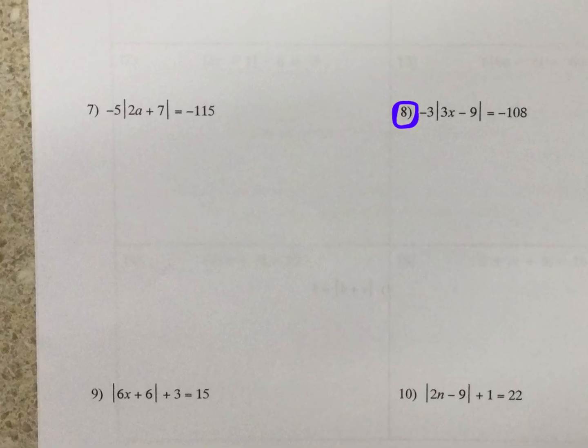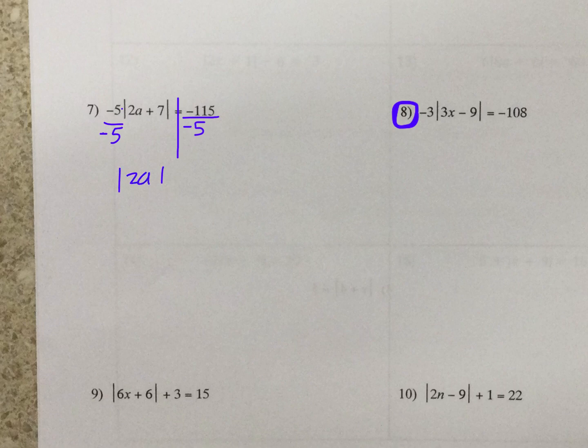All right. I know that multiplication is going on right here between the -5 and the absolute value sign. Also know that -5 has to leave before anyone gets out of jail. So -115 divided by -5 gives me a 23.